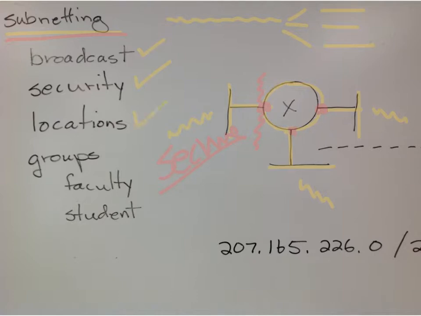Here at the college they divide networks up by locations. You can divide them up by groups. You could have one network for faculty and one for students. In this case we use the example of the Wi-Fi in the room.